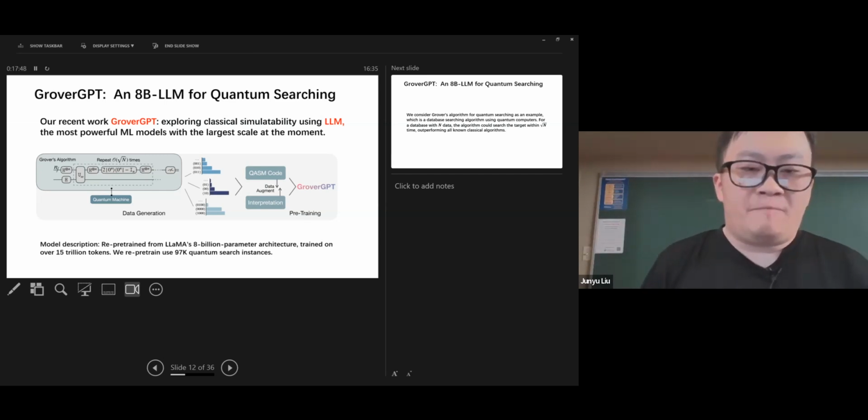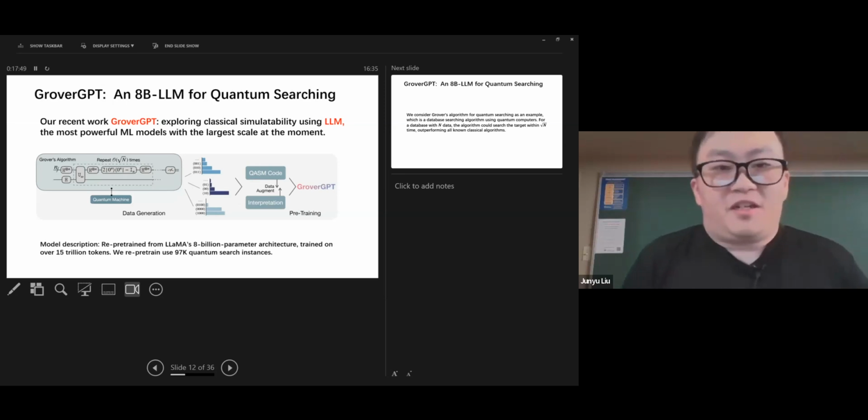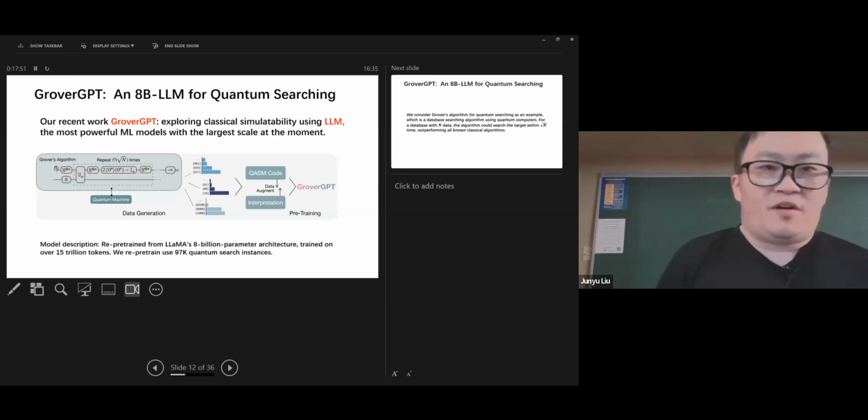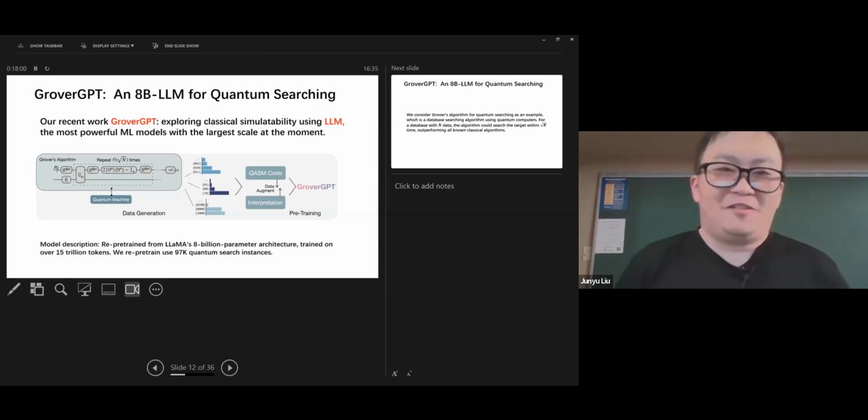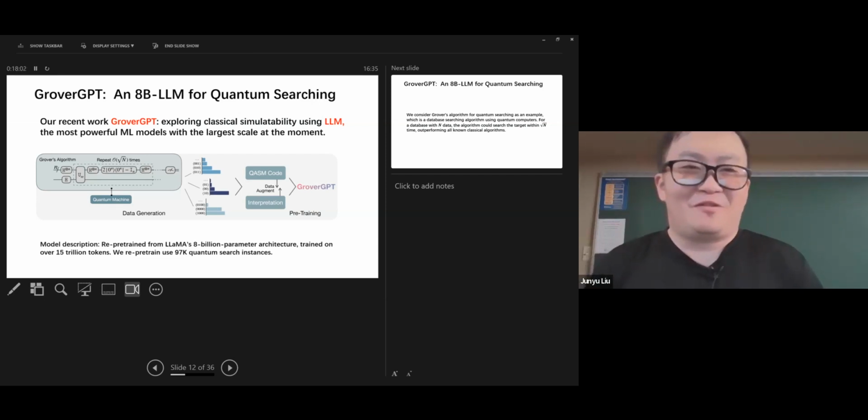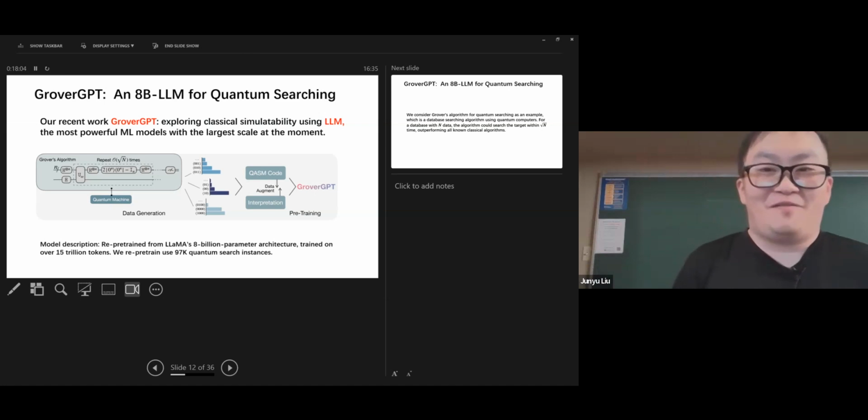And then we basically collect the input and output of Grover's algorithm, train it, and then ask it to generate the output. We find that the machine seems to be very interesting and has some interesting behavior.